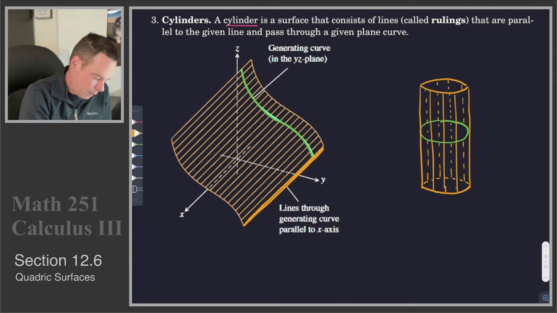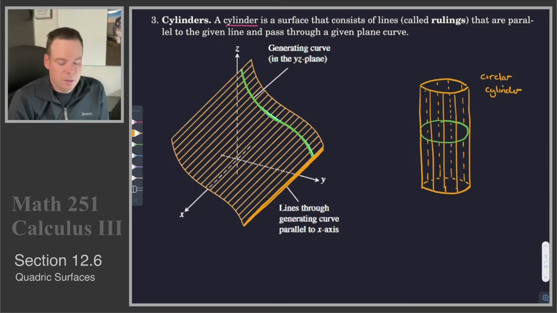This one is what we call a circular cylinder, because the cross sections in this one direction, namely the vertical direction, are circles. The cross sections in the other directions are straight lines. So this is our circular cylinder.